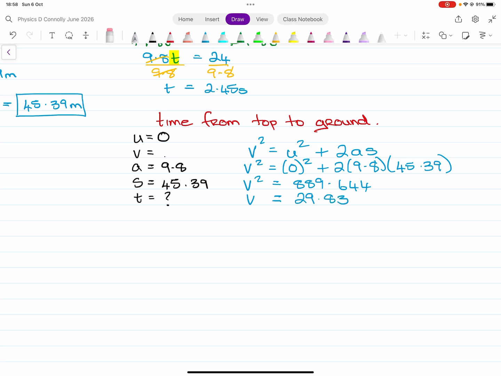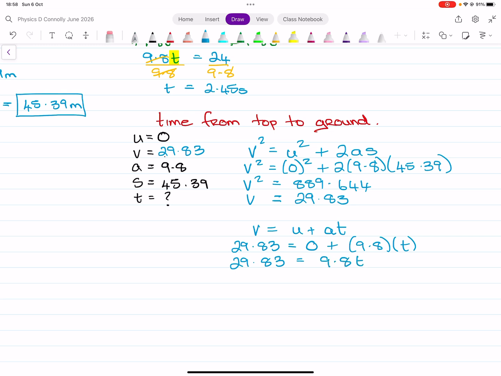So that's this one, 29.83. And now I can use V equals U plus AT to get the time. So 29.83 equals 0 plus 9.8 times T. So 29.83 equals 9.8T.